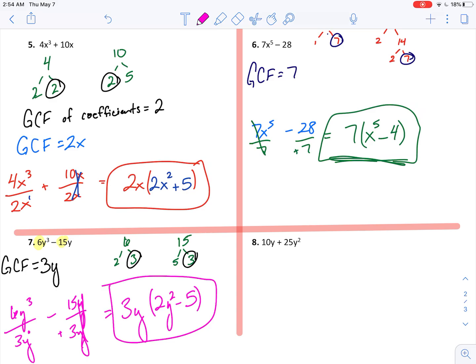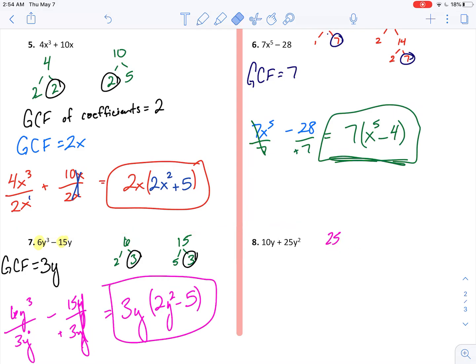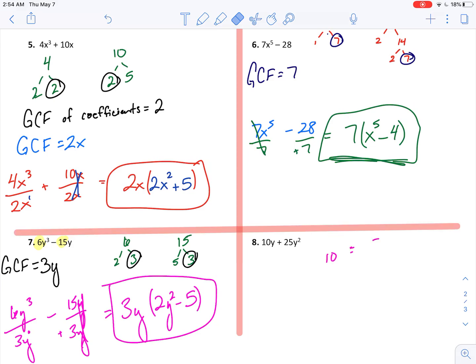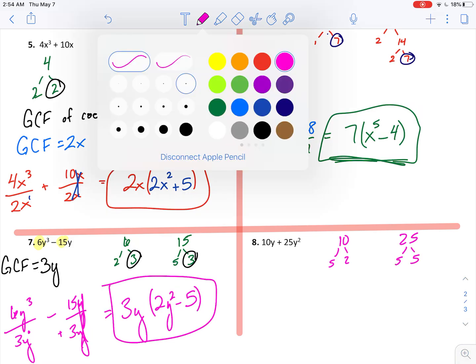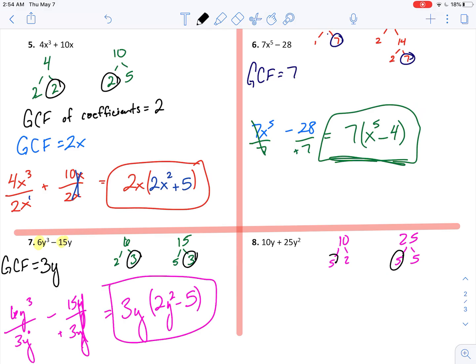And last but not least, let's see if number 8, we can use our shortcut. So 25 over 10 gets me 2.5, so that's not a nice round number. Can't use my shortcut. So now we have to factor both of these. So this is 5 times 2, and this is 5 times 5. So we'll circle what they have in common. They've got a 5, and it looks like nothing else.